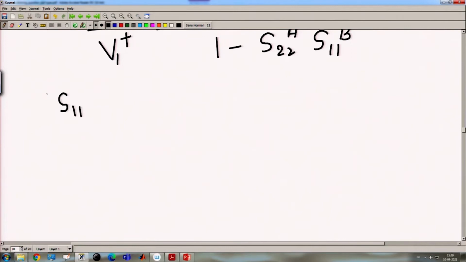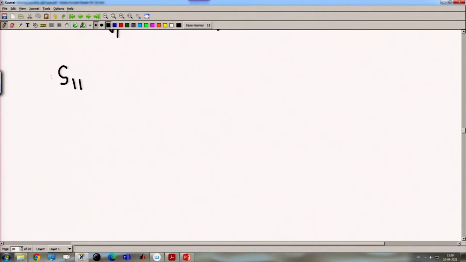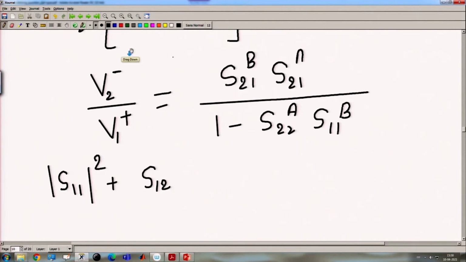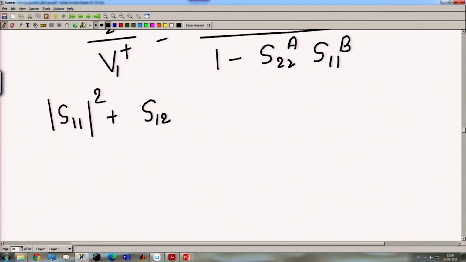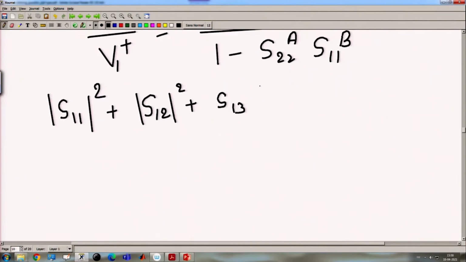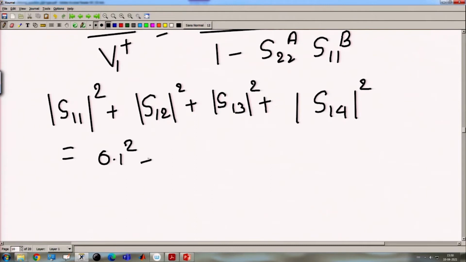So, |S11| squared plus |S12| squared plus |S13| squared plus |S14| squared, for this 4-port network, equals 0.1 squared plus 0.8 squared plus 0.3 squared, and this will come 0.74.